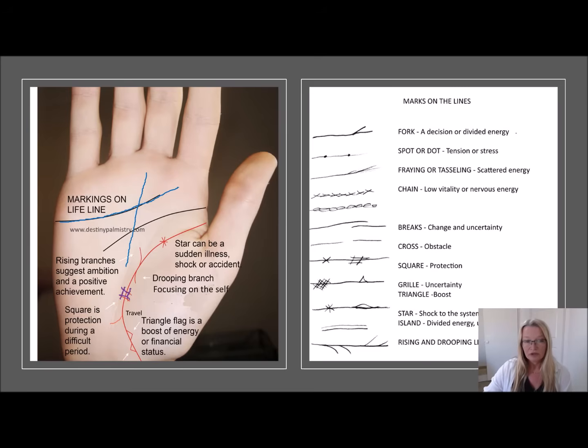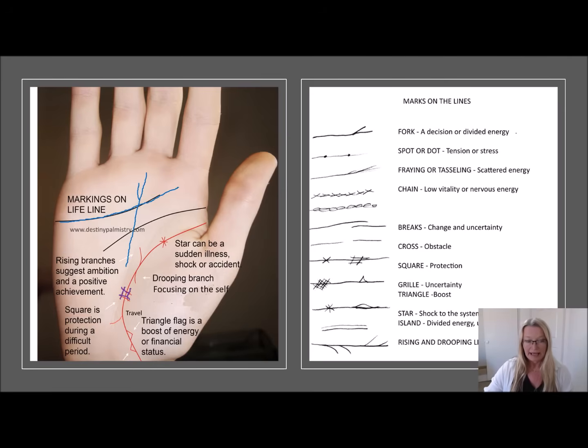On the fate line, you might see a branch line that rises along it. It's normally a finer line, and that represents an achievement. It can also represent another avenue. Say if the person is in business, it might represent another avenue for that person that brings a financial boost.